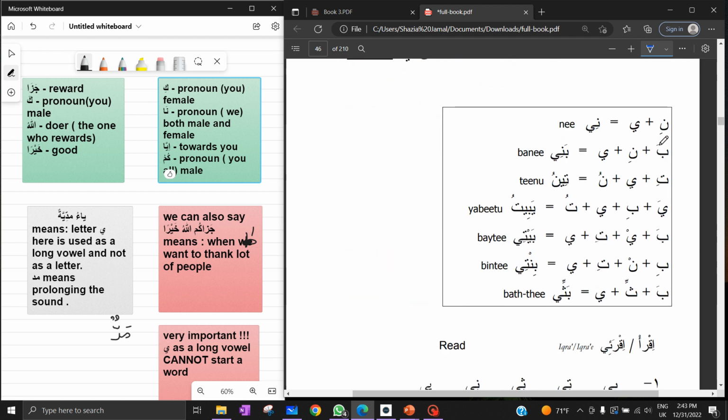These are random words and reading practices. I'm not going through all of it, just some of them. Noon kasra ya, ni. Then ta ya, tinu. How are you prolonging the sound? Tinu. Ya, fatha, ba, kasra, and ya.